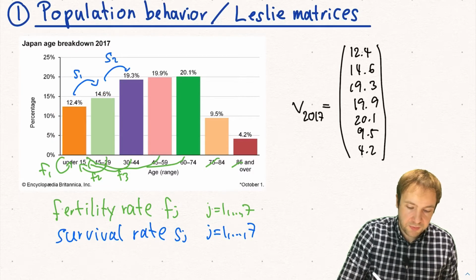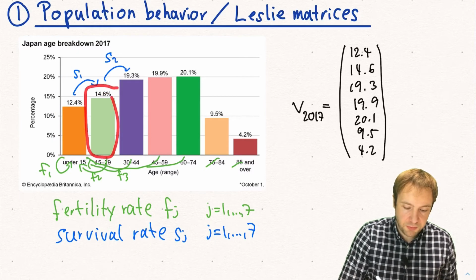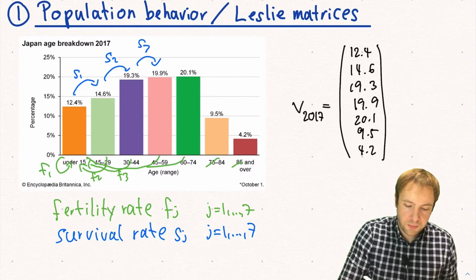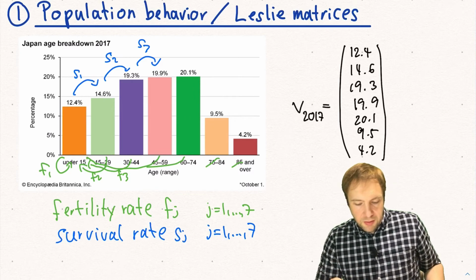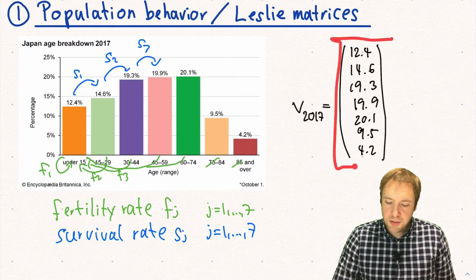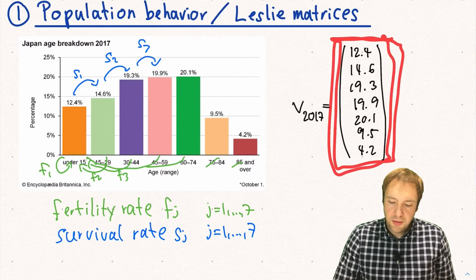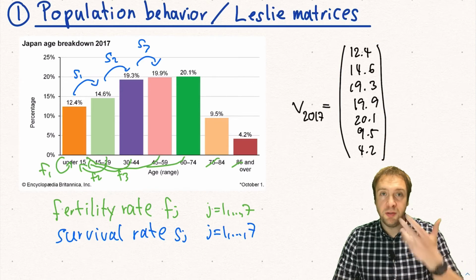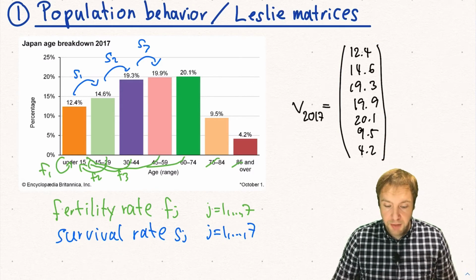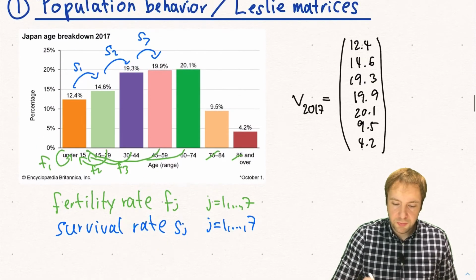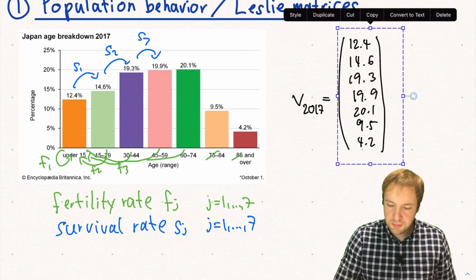And here S2 will describe how many of these people will survive and will be in this age group, and so on. And therefore we can make some equation including this vector here, describing what happens after 15 years, and this we will describe by multiplying with a certain matrix which includes these numbers here. So let's see.